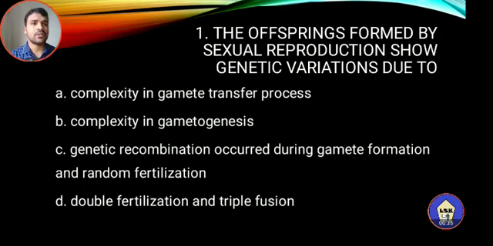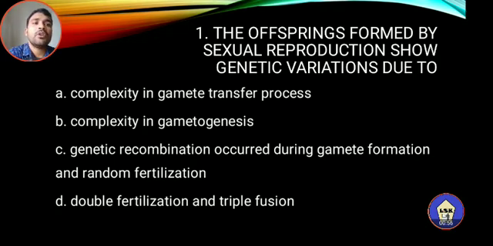So what is the answer to this question? The offsprings formed by sexual reproduction show genetic variation due to. So during the sexual mode of reproduction, there is the process of formation and maturation of gametes followed by the fusion of gametes. Totally, the involvement of gametes is very important.